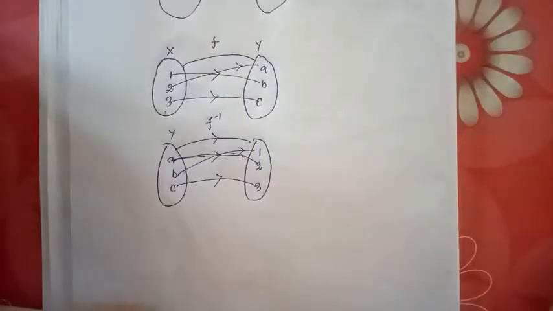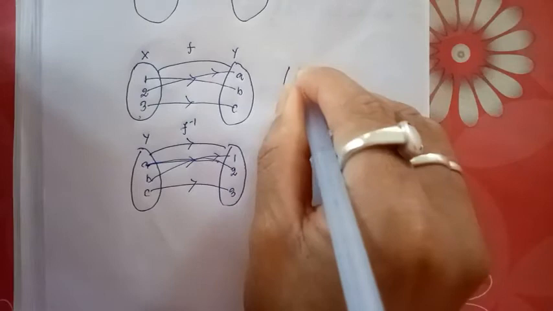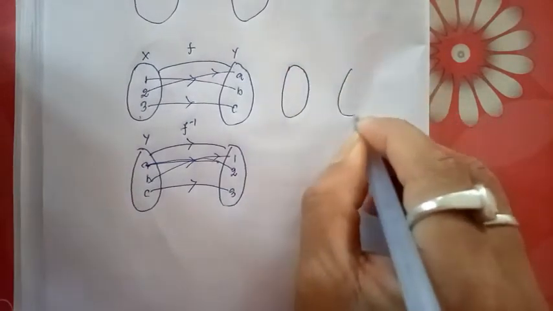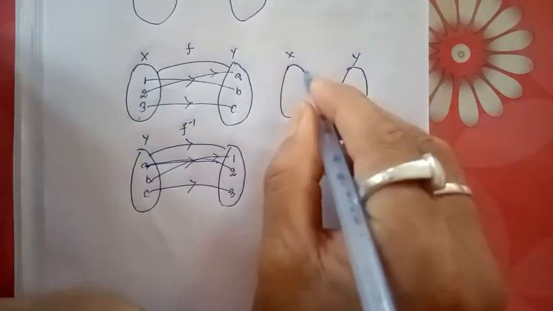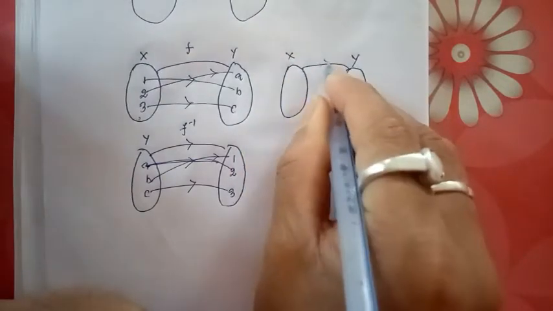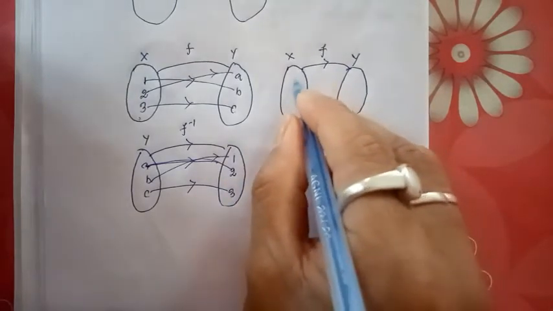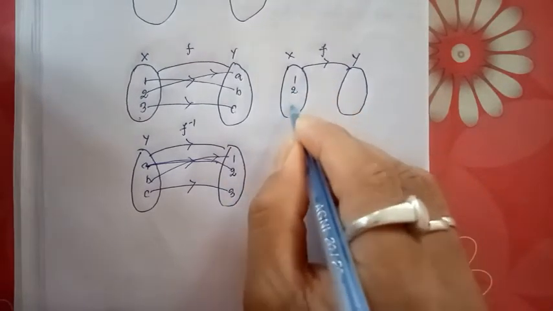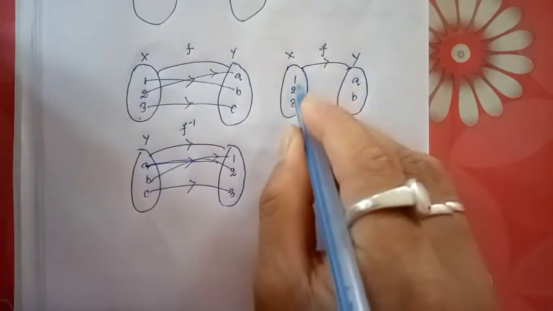So I am going to show some functions which cannot be inverted. Suppose I take a set X and this is Y, and the function goes like this, f. So I write 1 2 3 here, and a b.